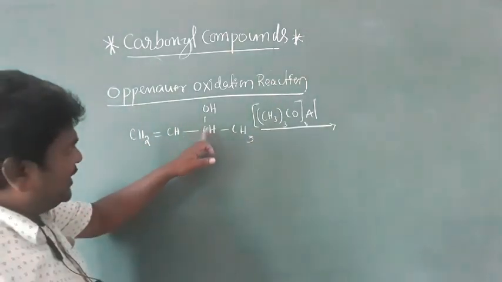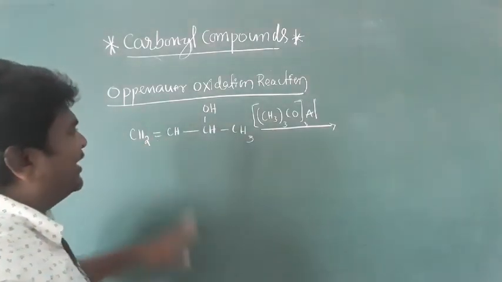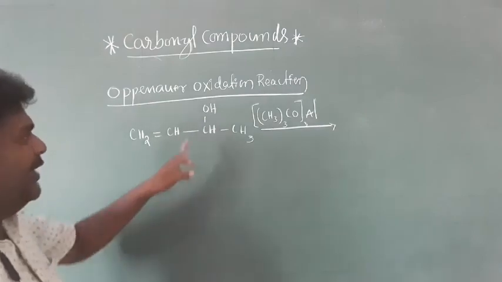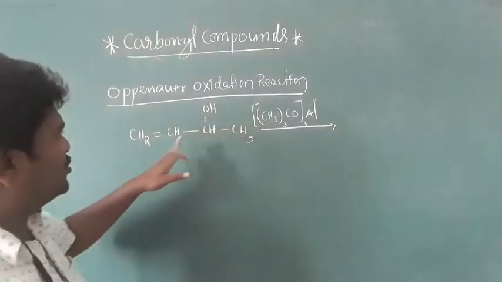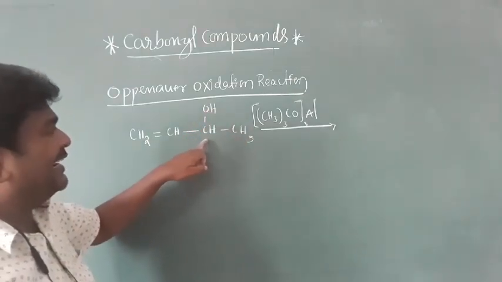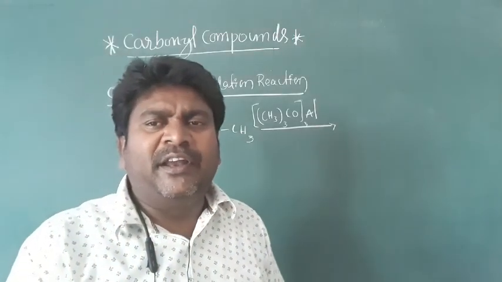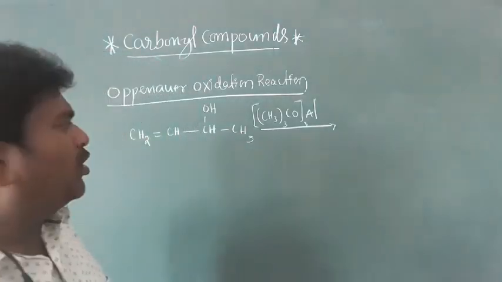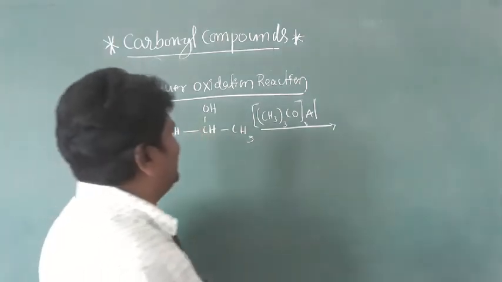There is one oxidizable center. The double bond is not affected; only the alcohol is converting, into a ketone because it is a secondary alcohol. Primary alcohol converts into aldehydes, secondary alcohols into ketones.